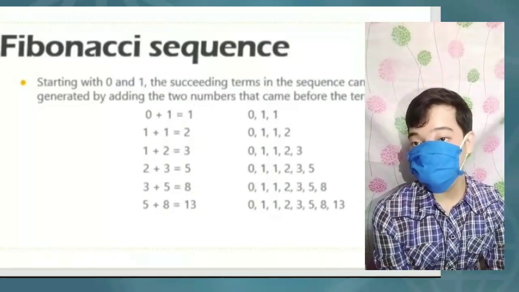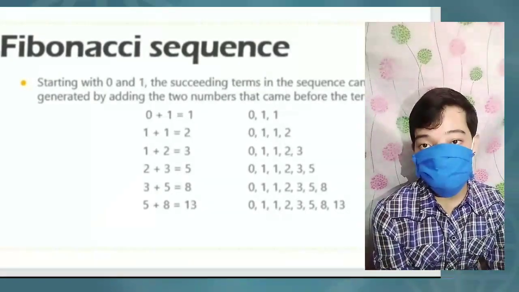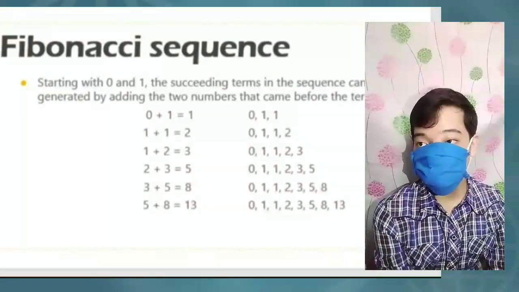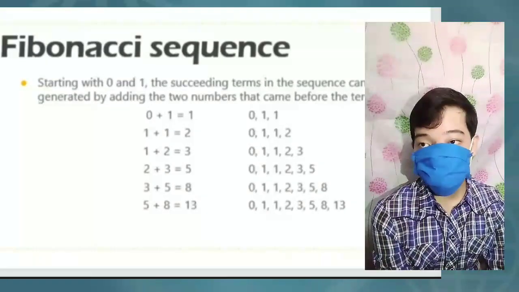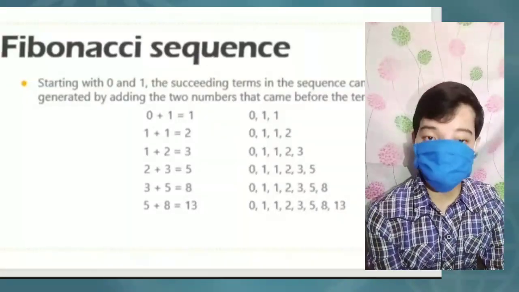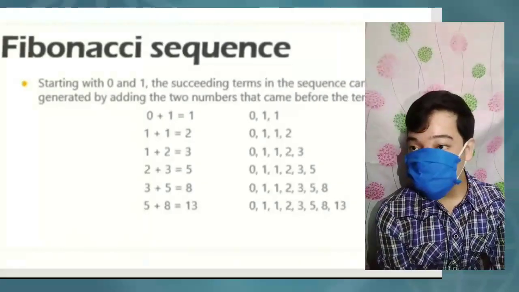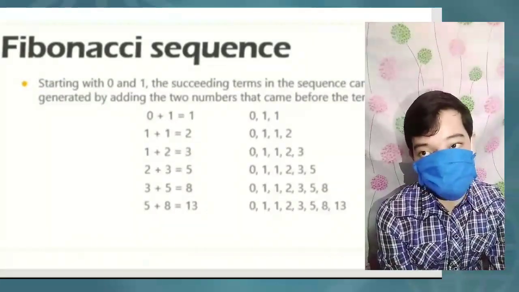Then we have here a sequence of 0, 1, and 1. Then 1 plus 1 is equal to 2. Then the next term is 2. 1 plus 2 is equal to 3. Then the next term is 3. Then 2 plus 3 is equal to 5.